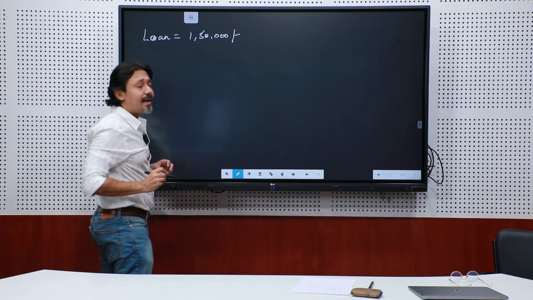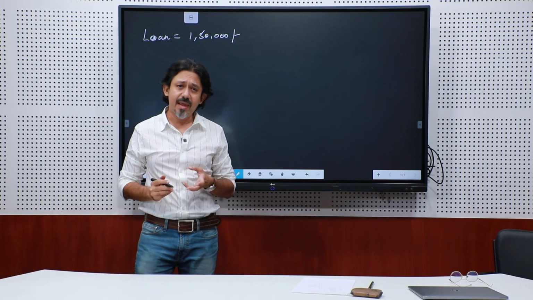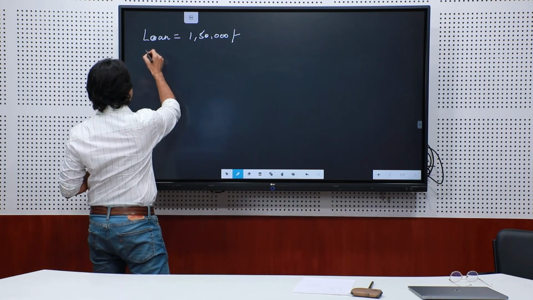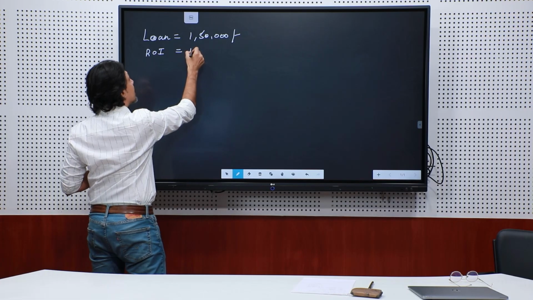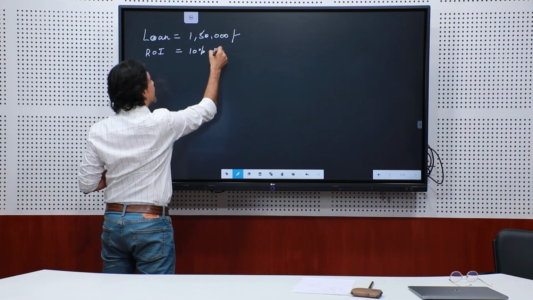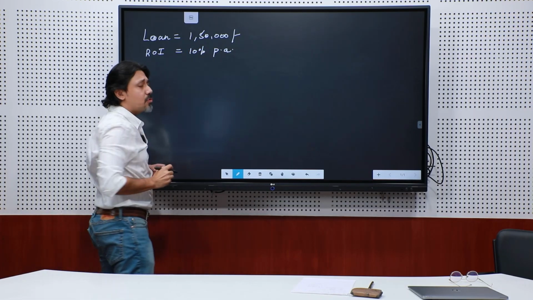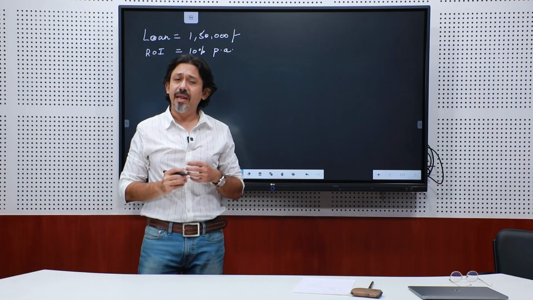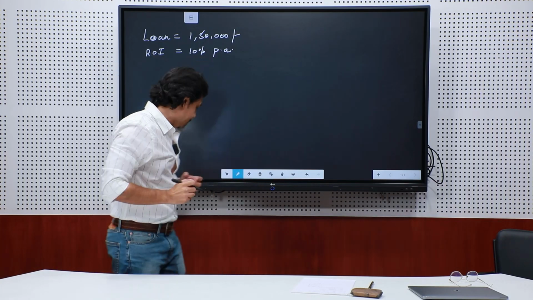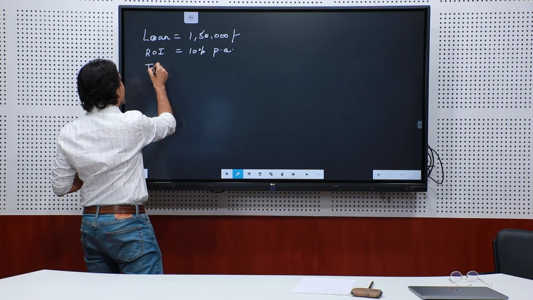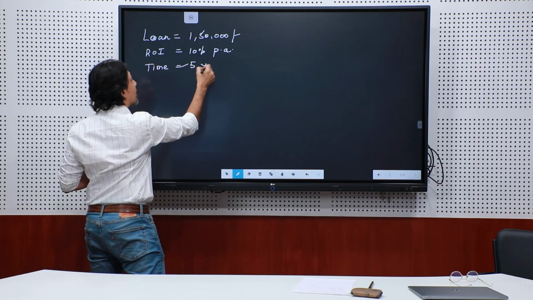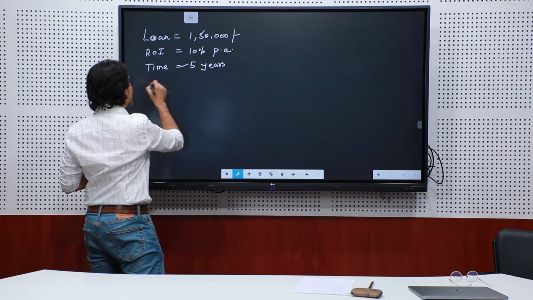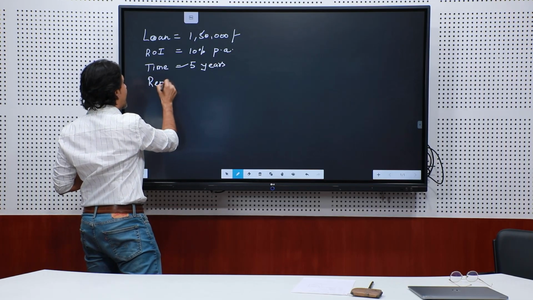Let us assume that the rate of interest prevailing is 10% per annum, and that the tenure of the loan is 5 years. So, the time period involved is 5 years. Now, what about repayment?